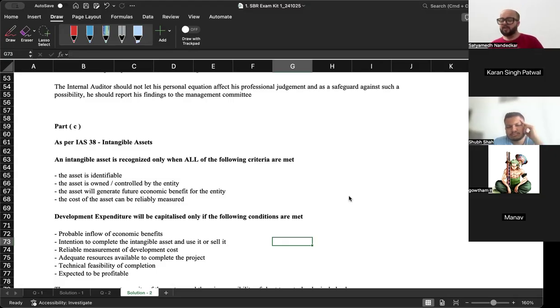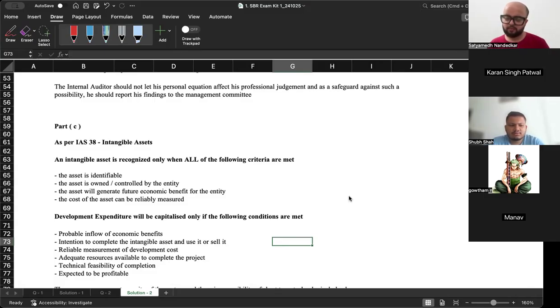Intention to complete. Is there an intention to complete the asset? So there is no mention that they will be completing or they are willing to complete and bring it live for the process.